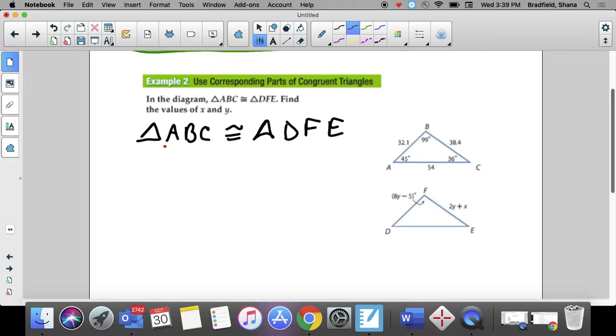A and D are in the first location, so angle A is congruent to angle D. If A is 45, angle D has to be 45 degrees.